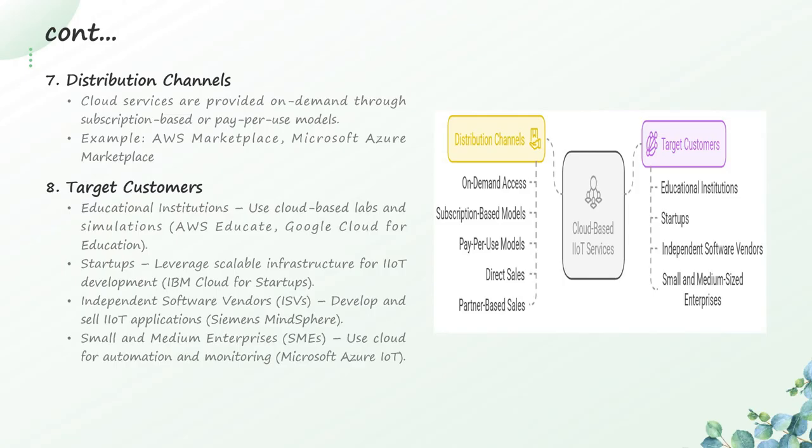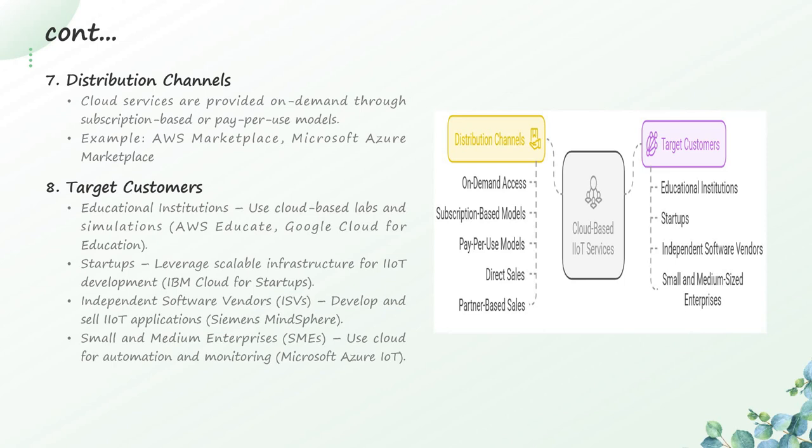Then the target customers may also be independent software vendors, where they develop custom industrial IoT applications and distribute them via the cloud platforms. For example, you have Siemens MindSphere, which allows the independent software vendors to build and sell industrial applications.